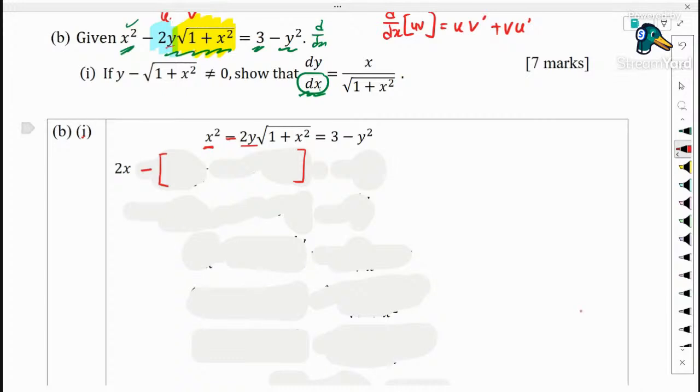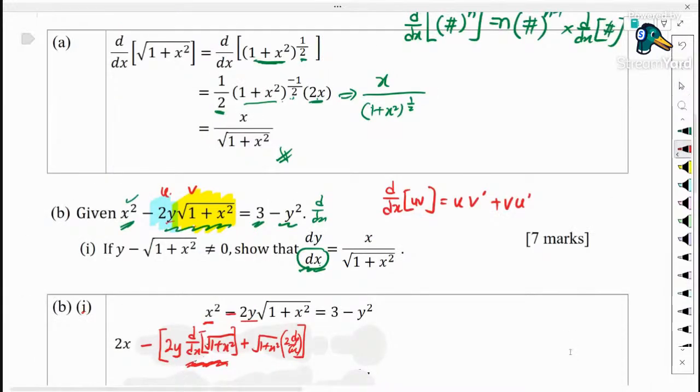So u v prime: we maintain u, we differentiate the square root of 1 plus x squared, and then we plus, maintain the square root of 1 plus x squared, and then we differentiate the 2y. So I suppose I have 2 dy/dx. And if you observe, these differentiations here, you're supposed to be very familiar with it, which is actually the result that we have just now, this one.